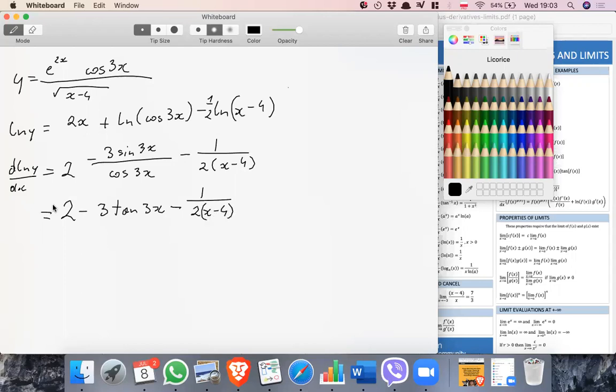And then to get the final function dy/dx, again we have to multiply it by the original function, which is e to 2x cos 3x divided by root x minus 4. Okay, so that's that one done.